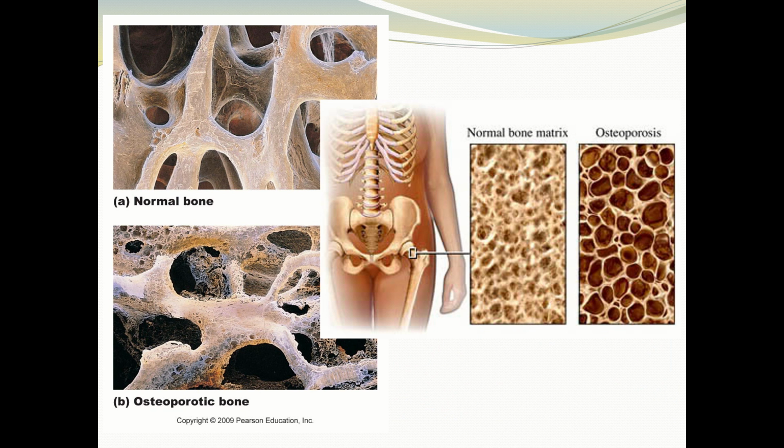This illustration shows a normal bone and an osteoporotic bone. So like a soft, brittle bone. And the neck of the femur is highlighted here because this is one of the primary sites. It's mentioned in the slide before that osteoporosis affects the spongy bone located within the body, the vertebra.